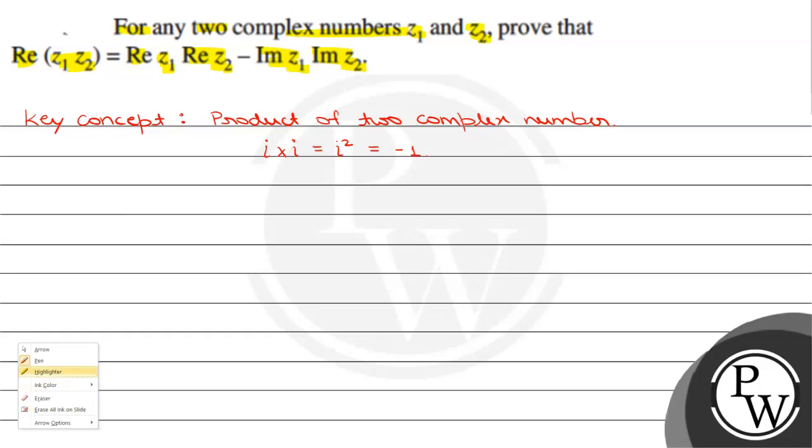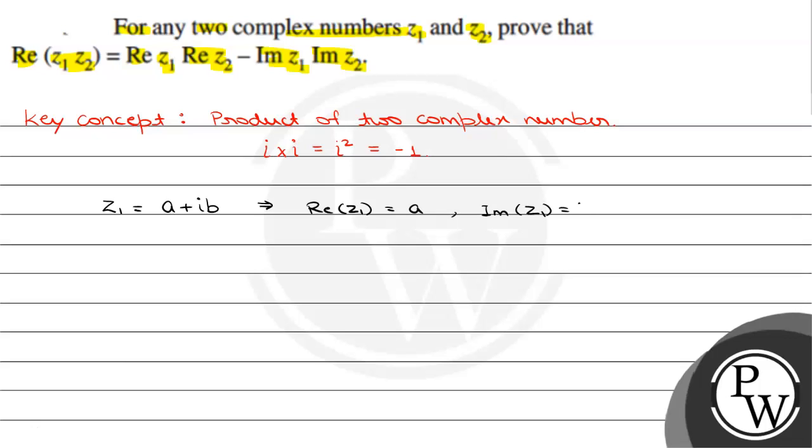So let's start the solution by taking z1 as a plus ib. Here the real part of z1 is a and the imaginary part of z1 is b. Okay, let's take z2 here. z2 is equal to x plus iy.